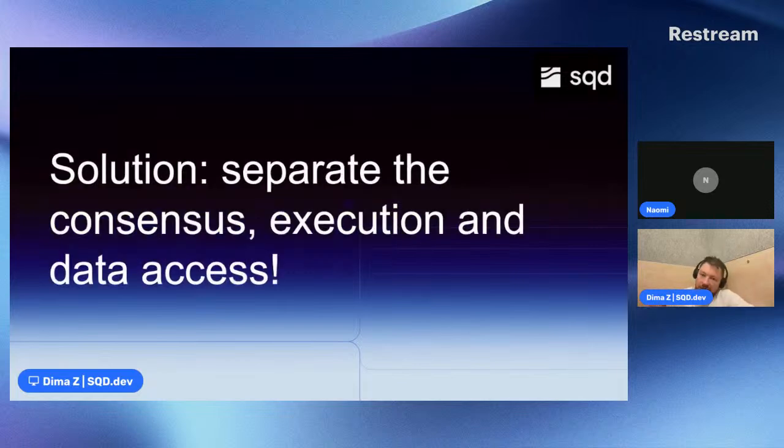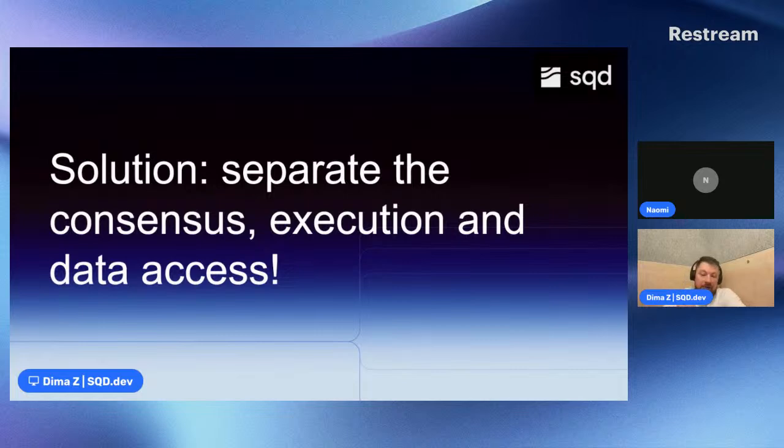So the solution really is to separate these two concerns, and let the blockchain nodes focus on consensus and execution, so you actually can send as many transactions as you want.